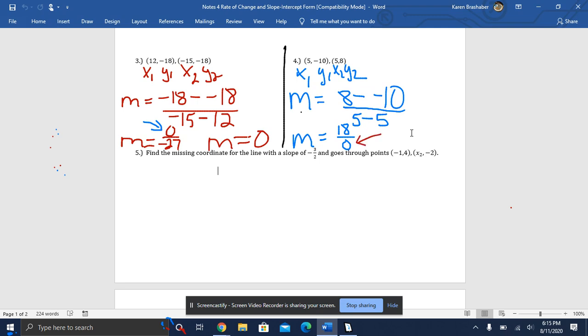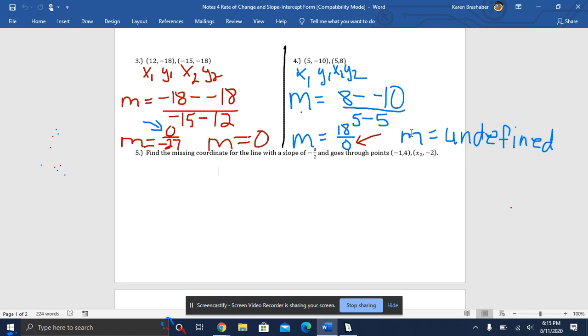So if 0 is in the denominator, then that means that your slope m is undefined. So make sure you know the difference between when the slope is 0, which is when it's 0 in the numerator, and when the slope is undefined, when 0 is in the denominator.